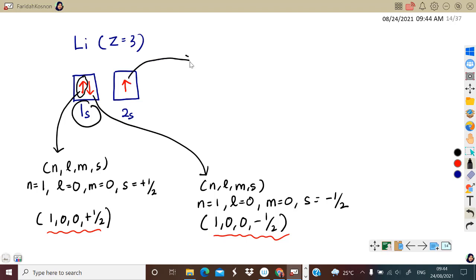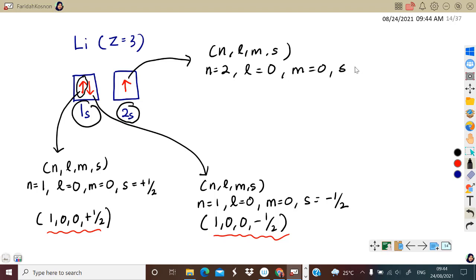Okay, electrons that occupy 2s. So n, l, m, s. What do we have here? We have n = 2, l = 0. Why 0? Because 2s. Now we are talking about the 2s orbital. m = 0.